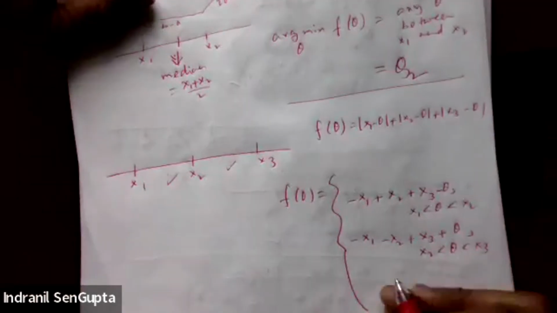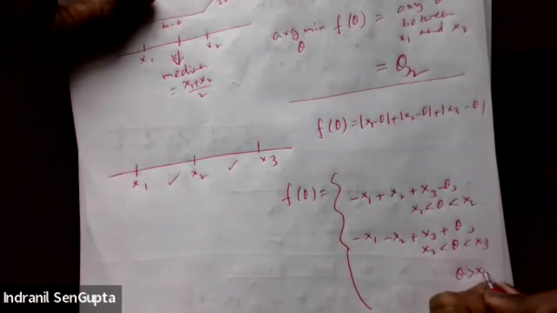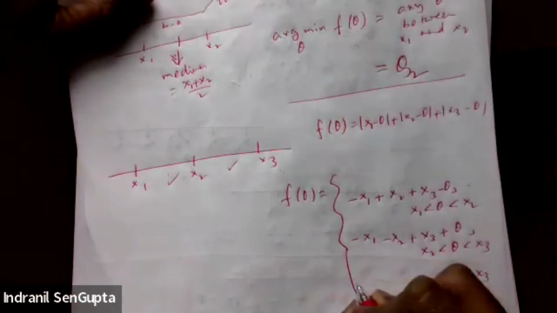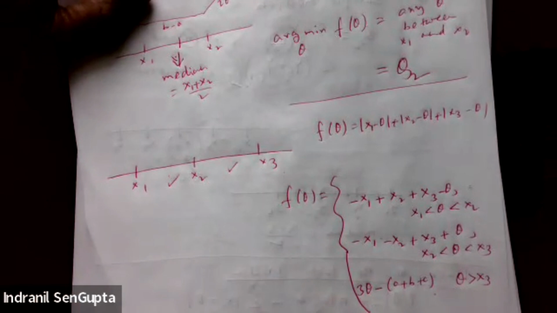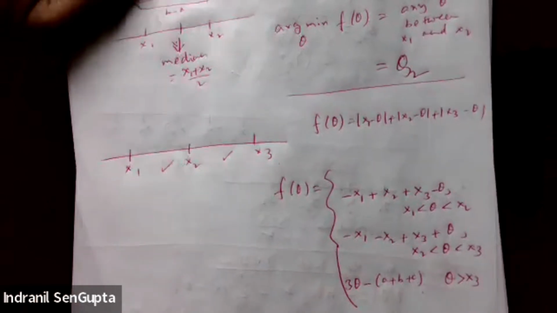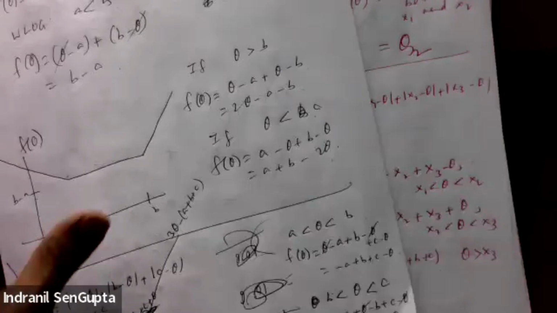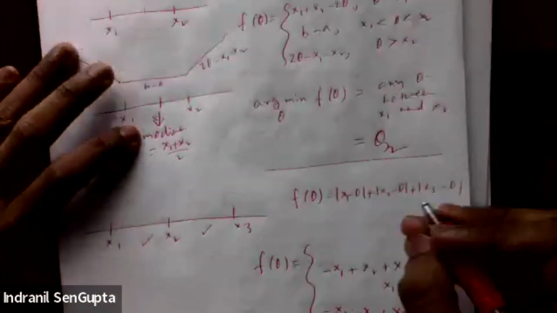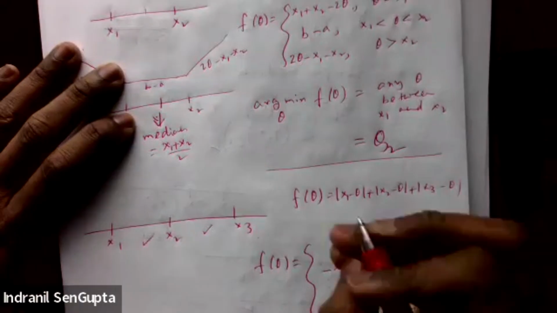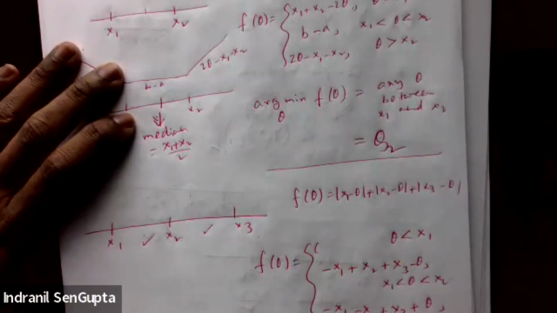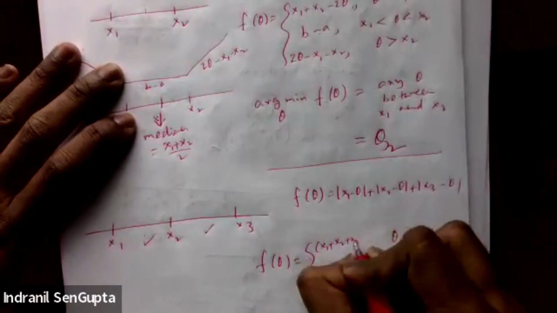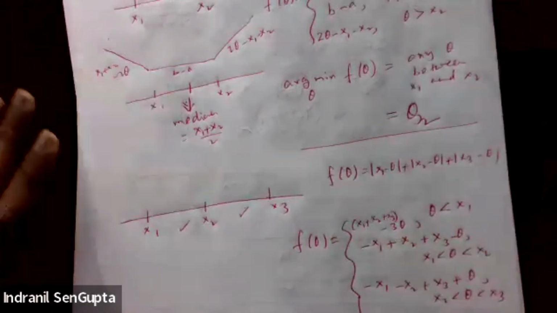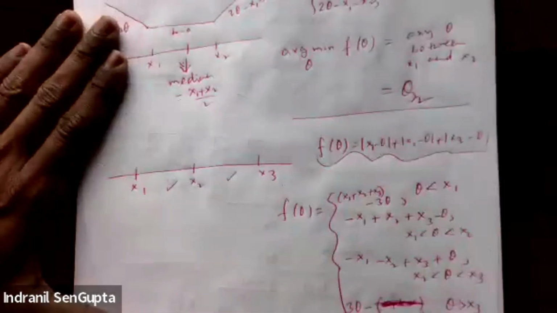Finally, if theta is more than x3, this will be 3 theta - (x1 + x2 + x3). And when theta is less than x1, its value will be x1 + x2 + x3 - 3 theta. You can just check by expanding this expression in the various cases.